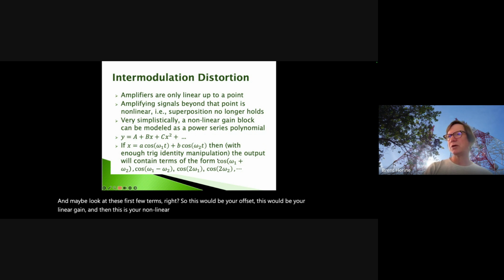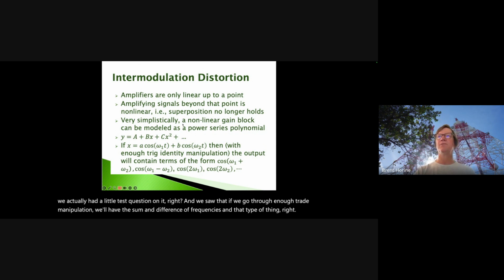We actually went through this earlier in the course, and we actually had a little test question on it, right? And we saw that if we go through enough trig manipulation, we'll have the sum and difference of frequencies and that type of thing, right?